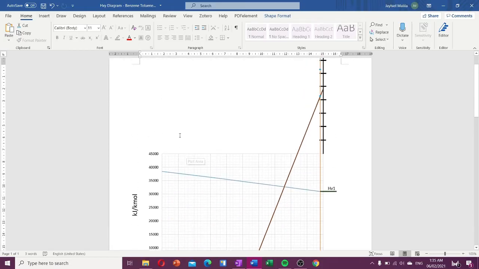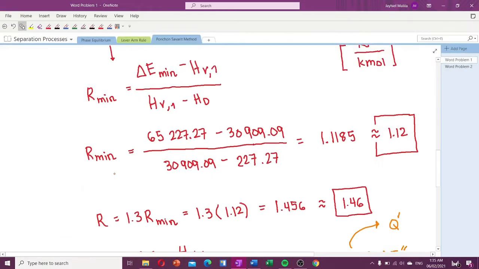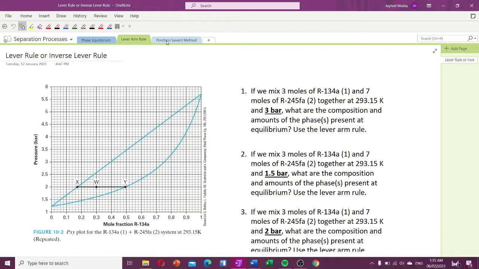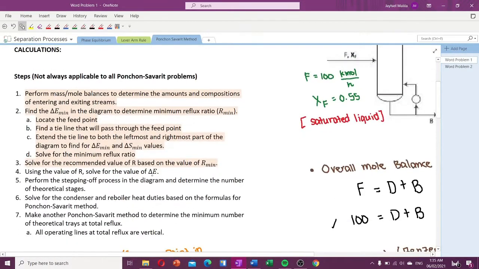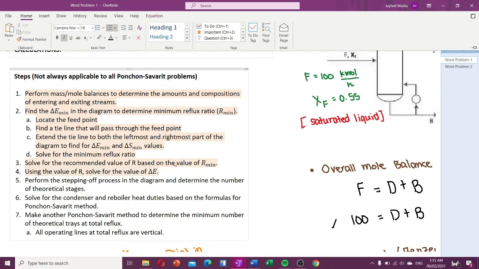So let's try to plot the feed point line first. I'm going to write that here. So for the value of the feed point line, I'm done with this part.